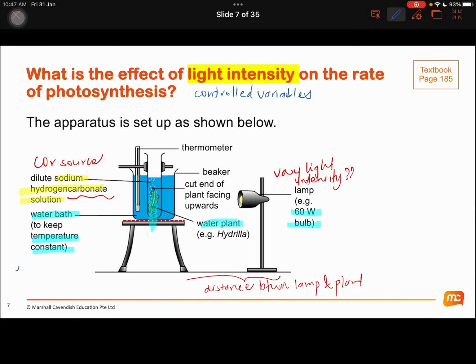So the name for it is electronic controlled water bath. So let's take a look at the video to see how this experiment is being conducted.